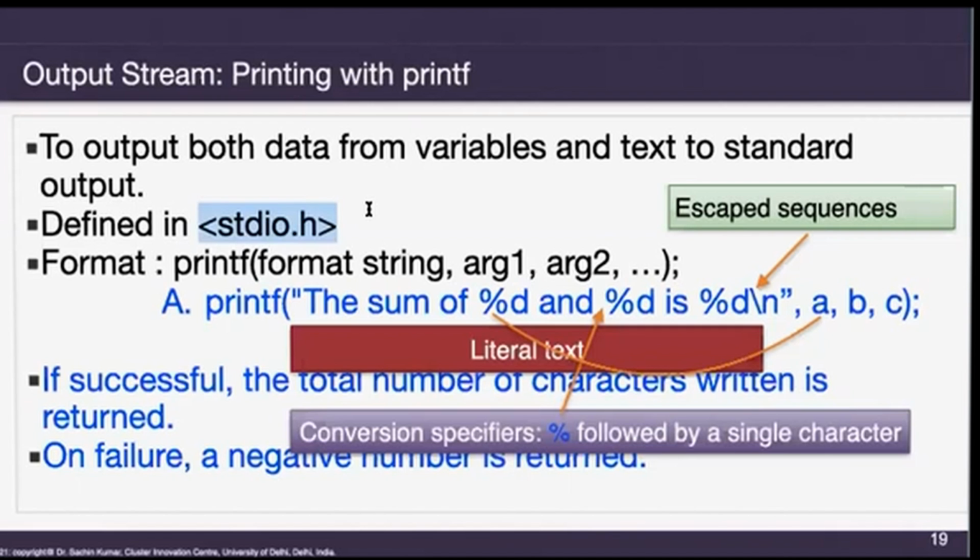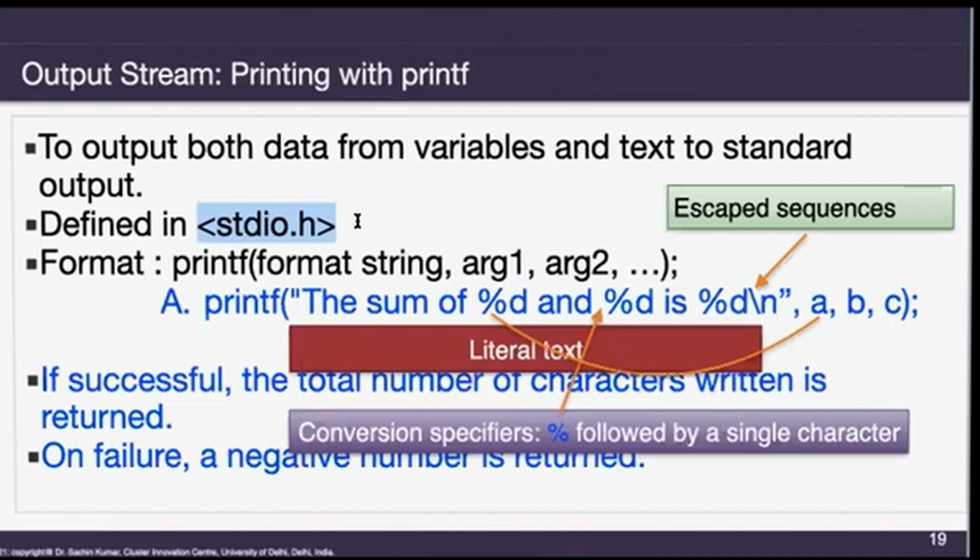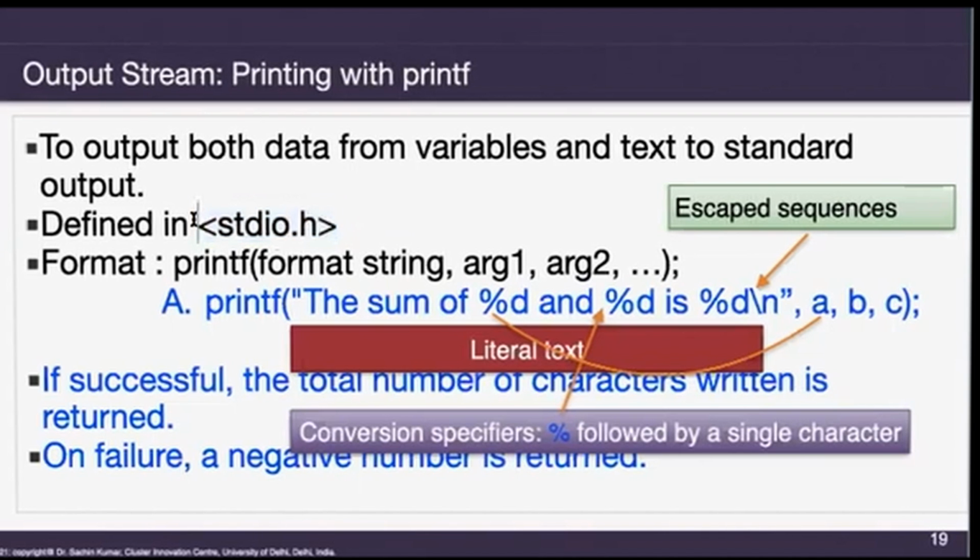We need to provide information to our computer about where it should find the functions which will help us perform these operations of printing data or taking input from the keyboard. They are all defined in stdio.h. So it is our first and prior responsibility to include stdio.h. If we do not include it, it will create a problem. It will give the error that printf is not defined or declared.